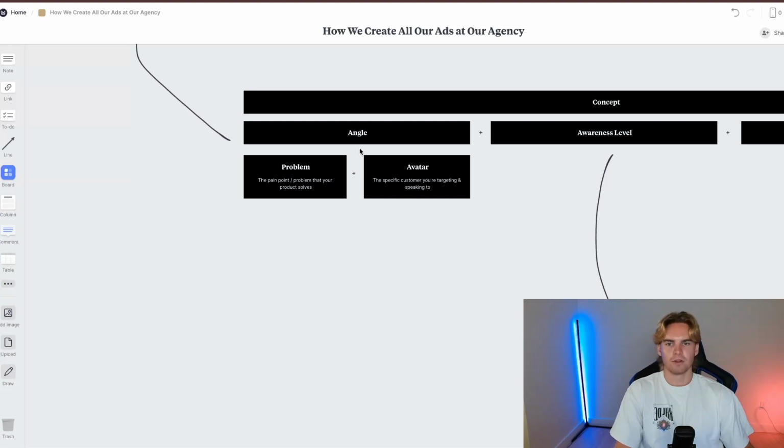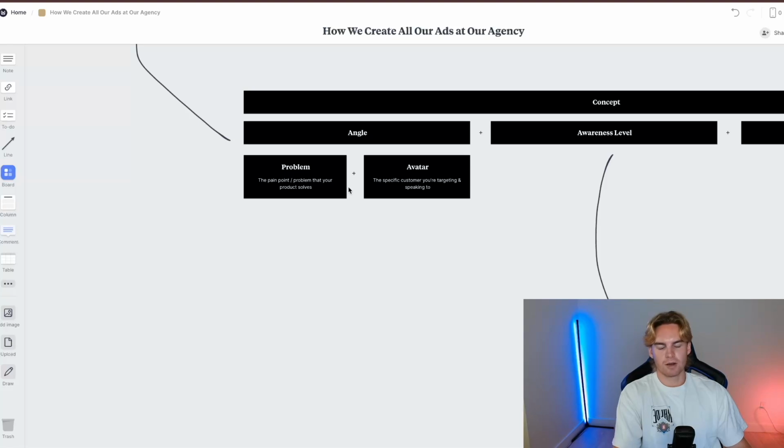So for example, if the main problem that your product solves is knee pain, there's going to be very specific problems within that you can also target in your ads angle as well. So under knee pain, you could be targeting pain when trying to walk the dog or pain when trying to get out of bed. So those are just more specific pain points that you could target when you're creating an angle. But again, I don't want to harp on this for too long.